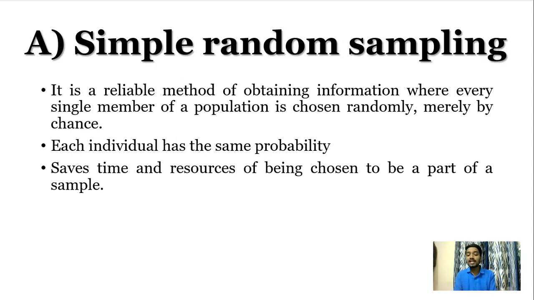It saves time and resources, because, as the name says, it is chosen randomly. It does not take much time to select a population. You can randomly call out the numbers, and you can make out your sample size there, and you can bring out the sample population there.